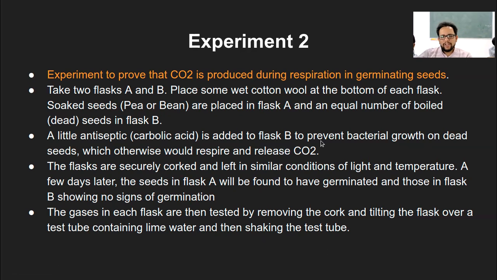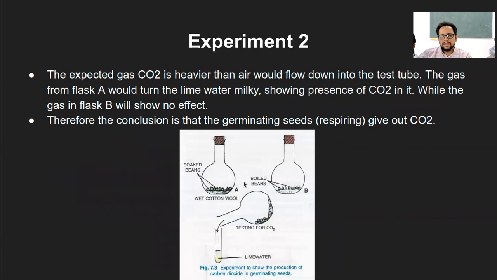So obviously the germinating seeds will take up oxygen and release carbon dioxide. Then, from this solution, you decant the gas, as shown in the third flask, and put it into the lime water or soda lime solution.